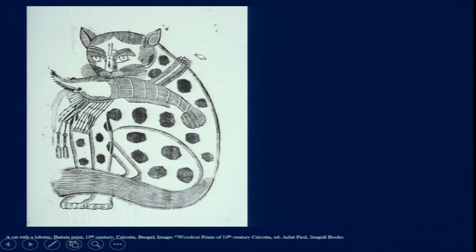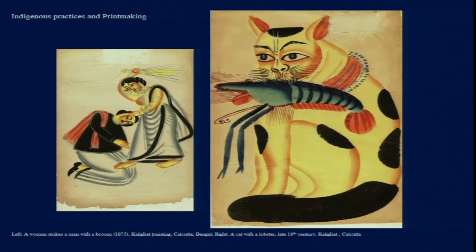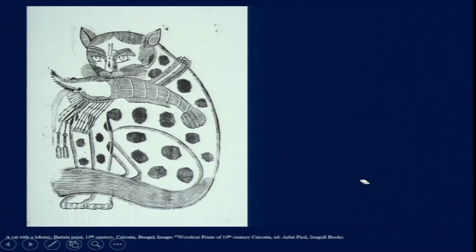Now the other thing we find is that the kind of half tone or tonality, like the tonality in the body, which is there for the watercolor, cannot be achieved in the wood engraving. So it has a much more graphic quality to it. So these are the things that we find to be similar and different.